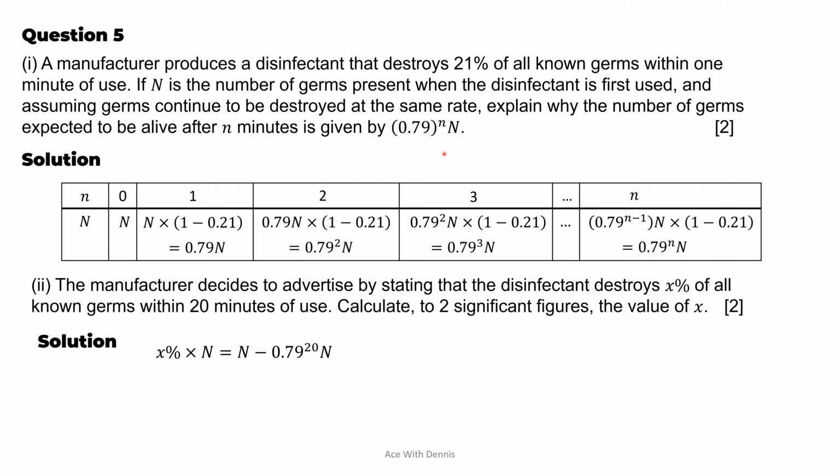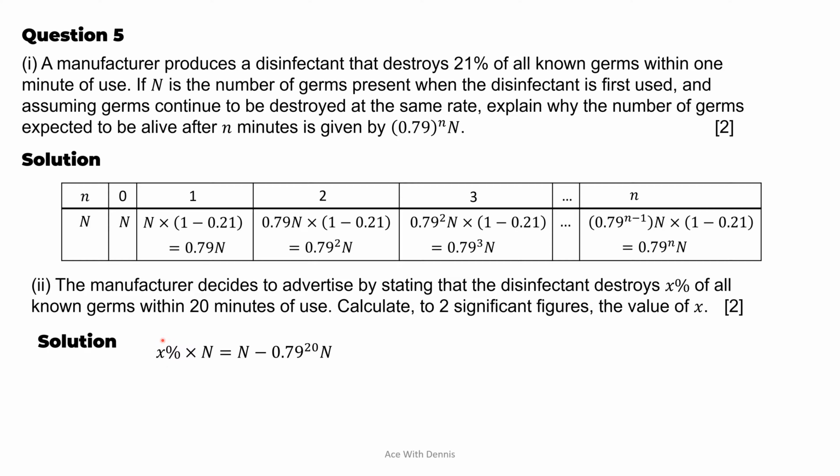This is pretty straightforward, because we already know the formula, which is 0.79 to the power n times N. I want to know how many percent of the germs are destroyed after 20 minutes of use. So it will be X% multiplied by N equals N minus 0.79 to the power 20 N, because the small n is 20.